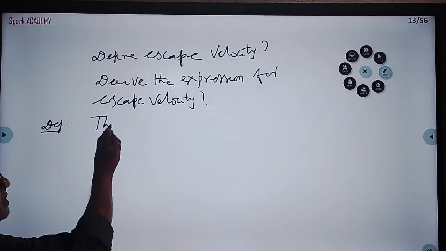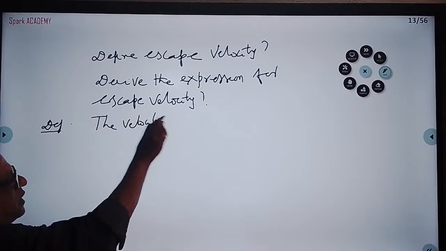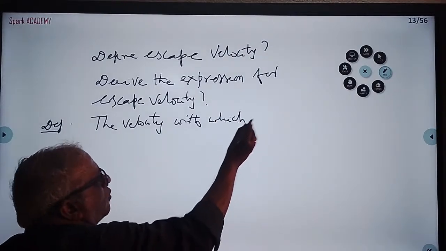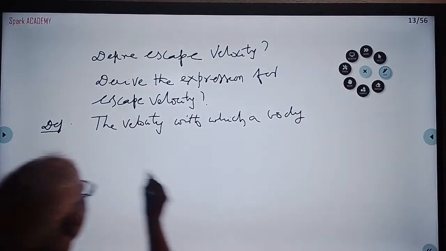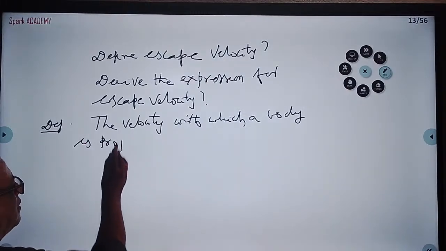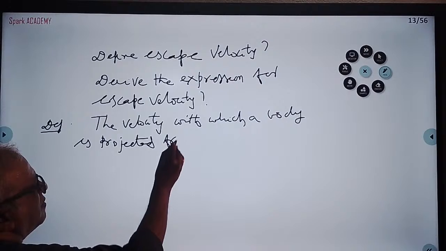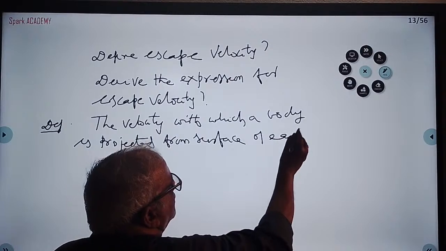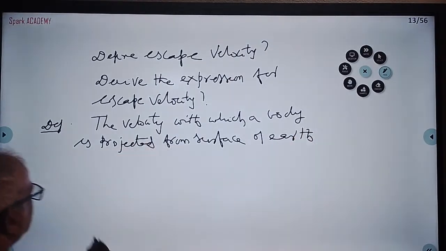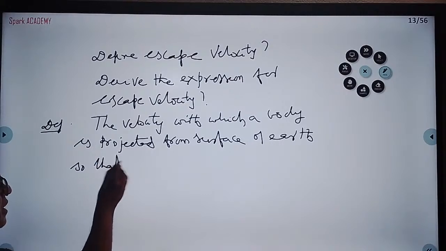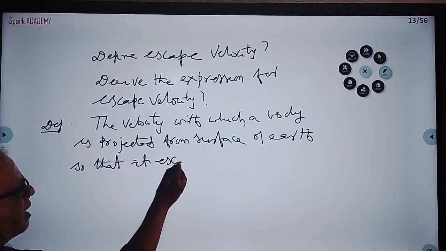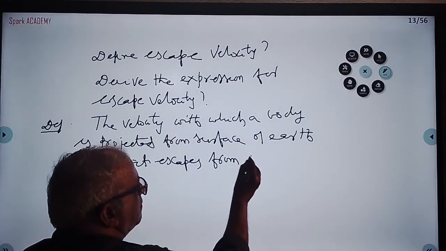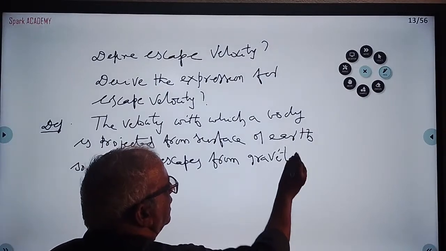The velocity with which a body is projected from the surface of the earth so that it escapes from the gravitational field of the earth.